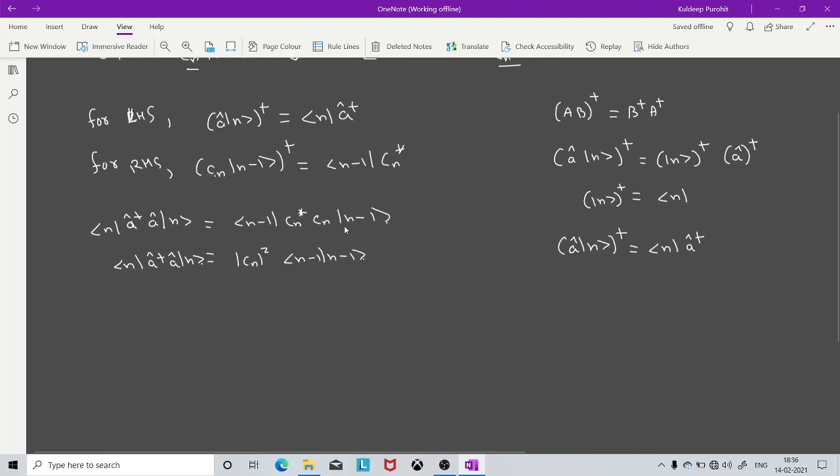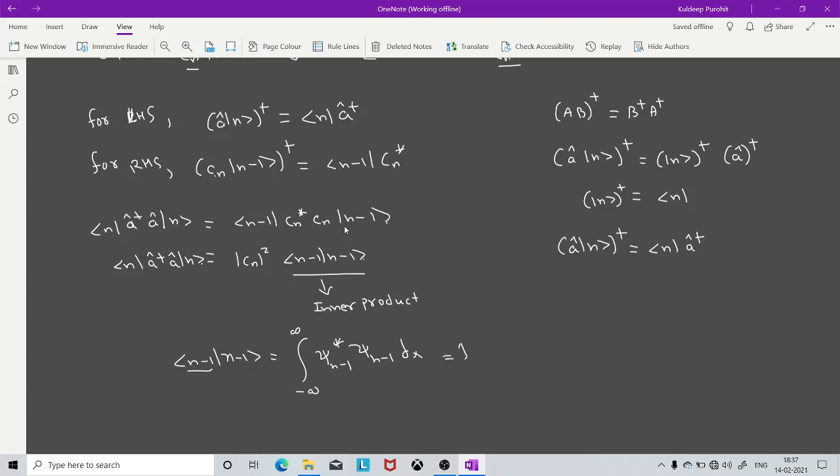Now this thing is generally known as an inner product. It actually represents the integral of psi of n minus 1 star into psi of n minus 1 dx. These are both wave functions of the same state, integrated from minus infinity to plus infinity.